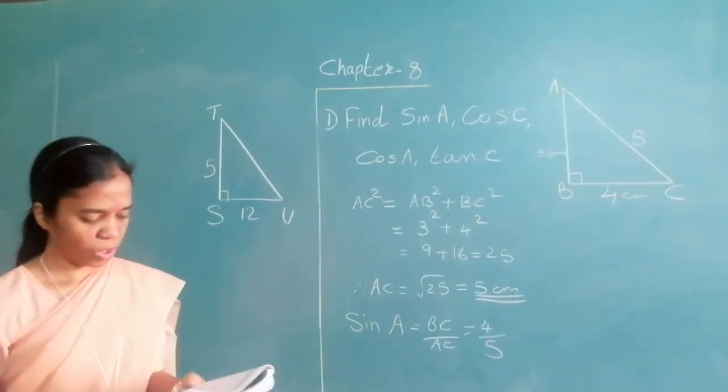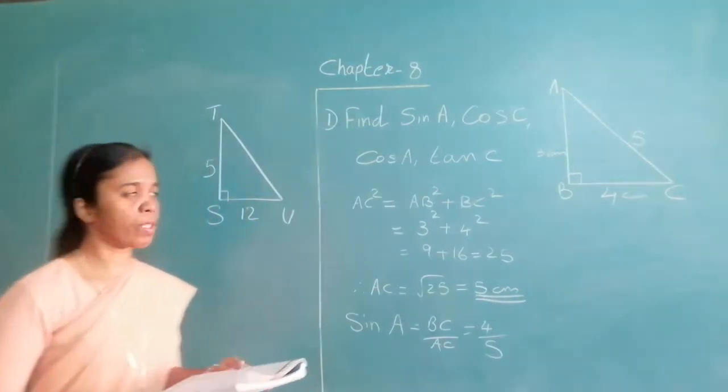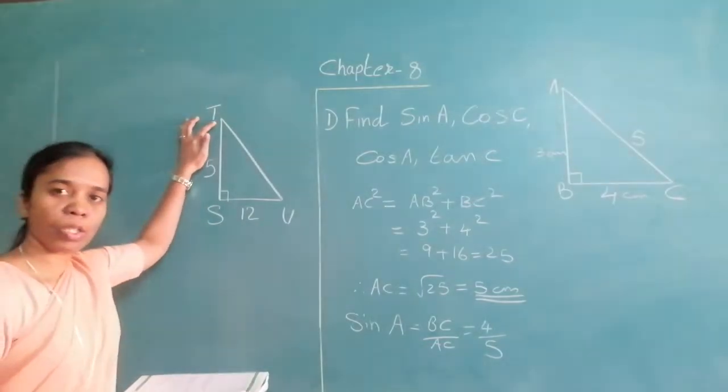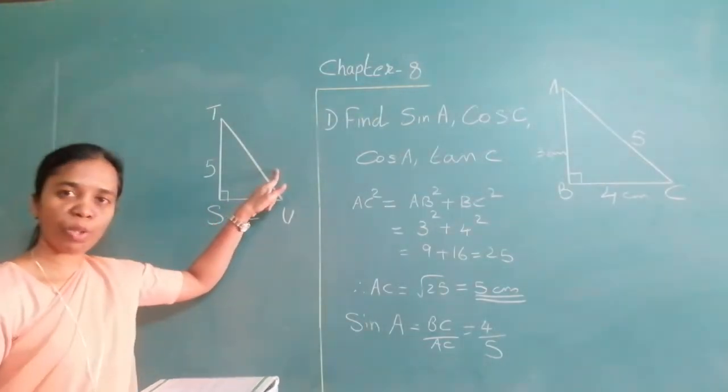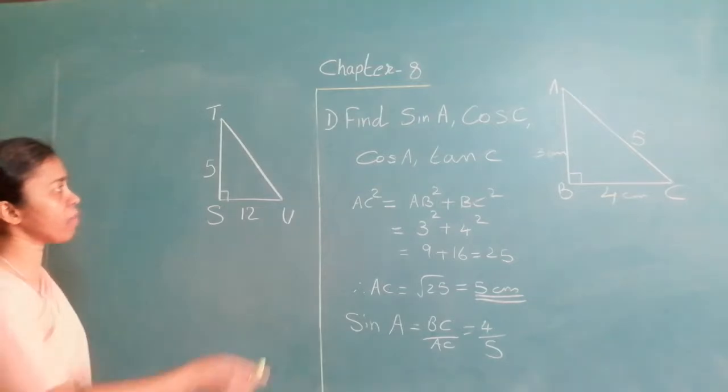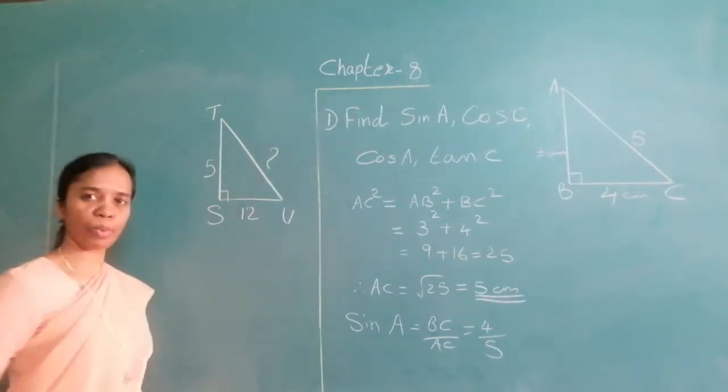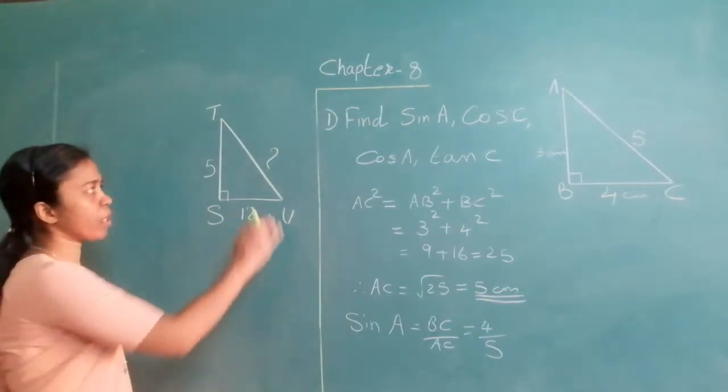Now what are the things that you are supposed to find out? Sin T. Sin T is opposite upon hypotenuse. So ultimately we have to find out the length of the hypotenuse. How do we get the length of the hypotenuse?